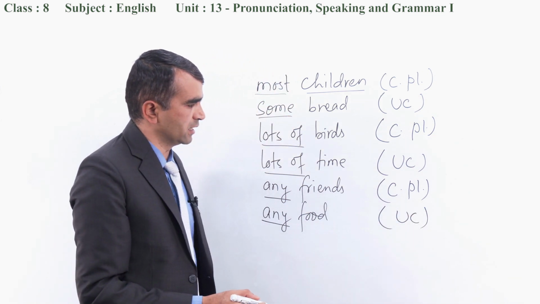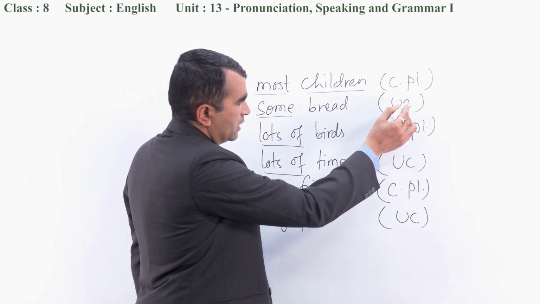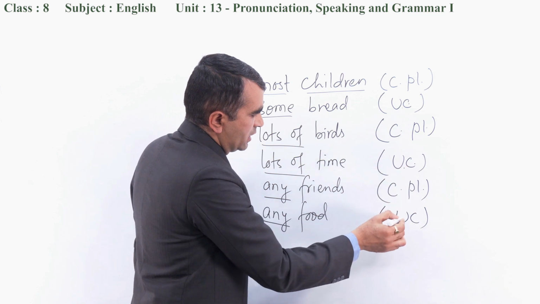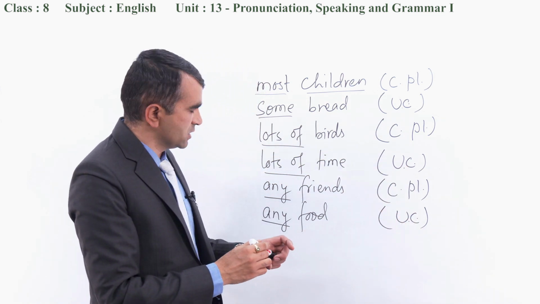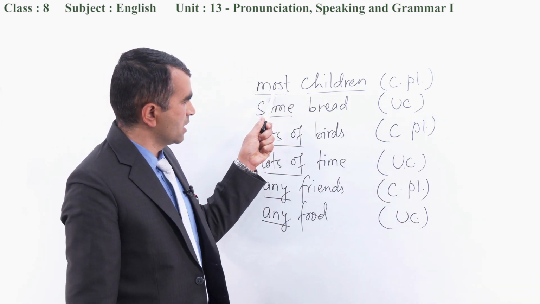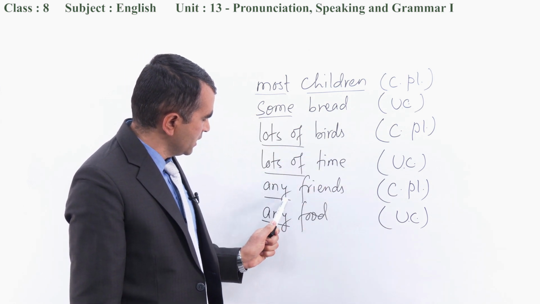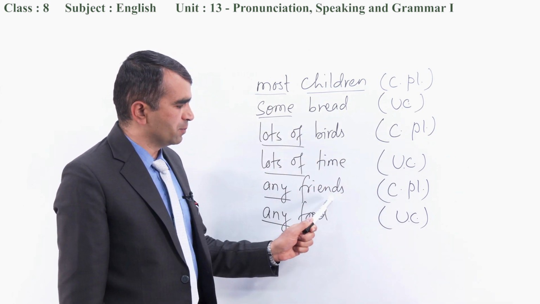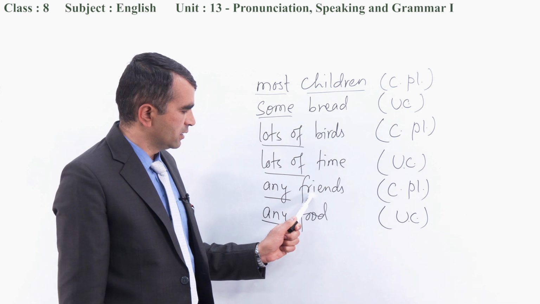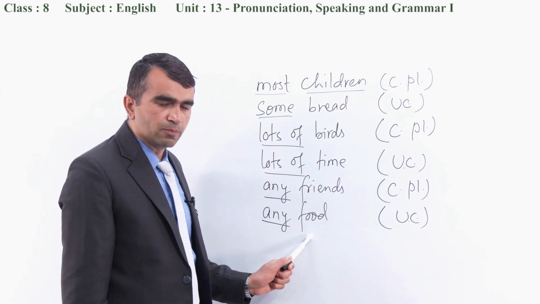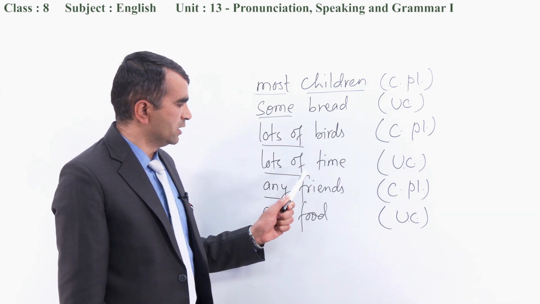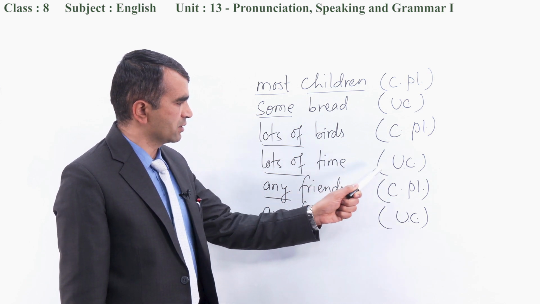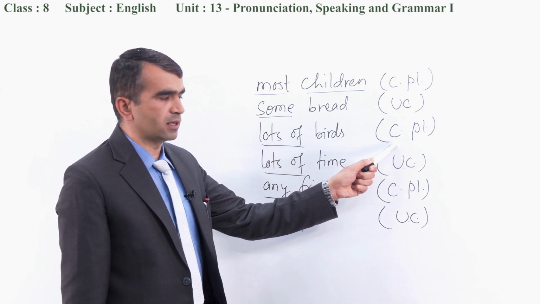Well, see here. Now you can say that any can come before countable plural and uncountable both. Similarly, lots of can come before uncountable as well as countable plural.